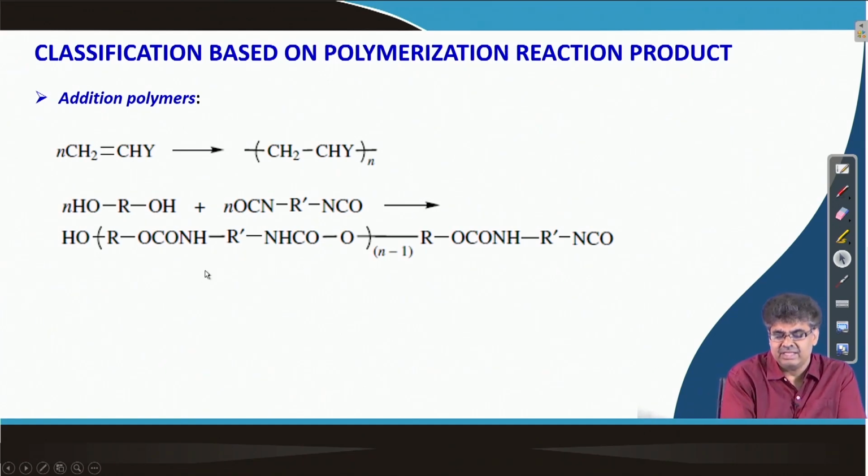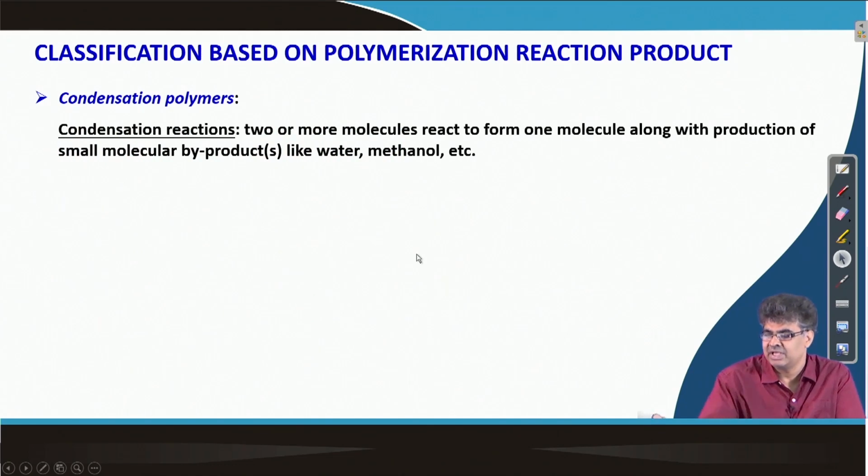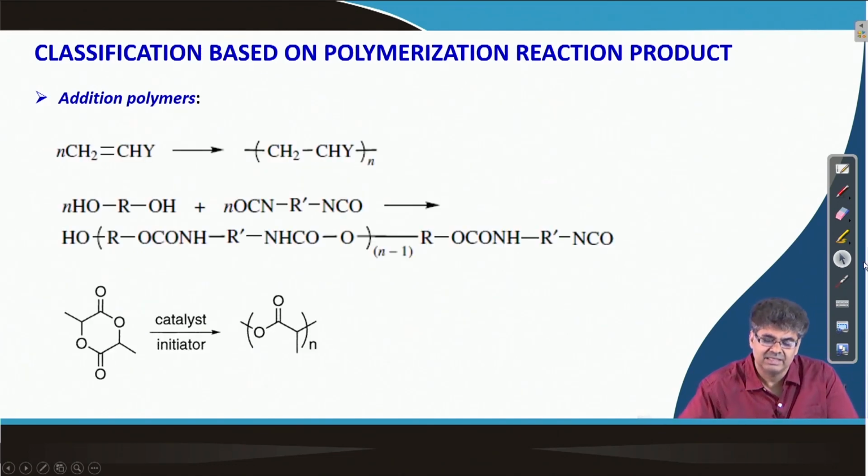So, in that way, this is a polyurethane written in a general form. So, in this case also, according to the organic chemistry definition of addition reaction, this should also be an addition polymer.